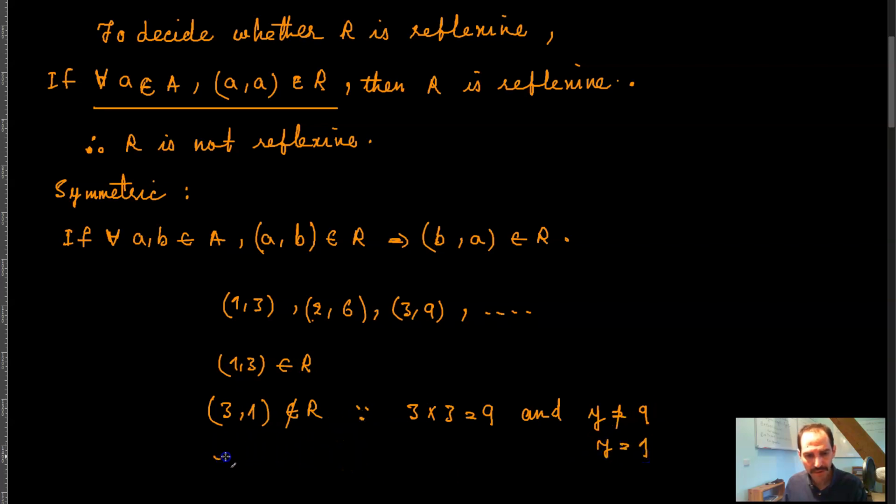And therefore (3, 1) does not belong to R, which means that R is not symmetric. Right?